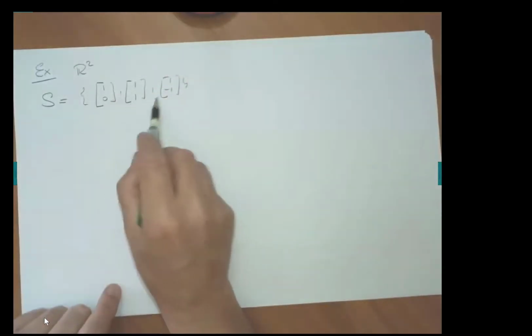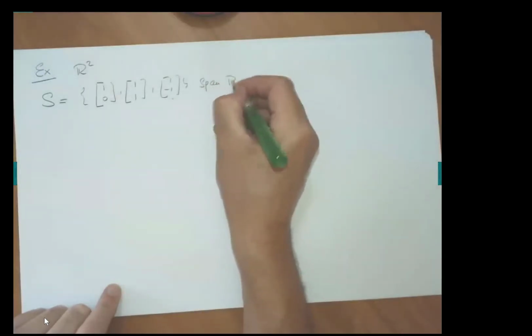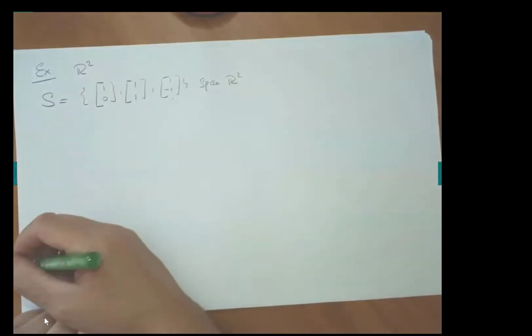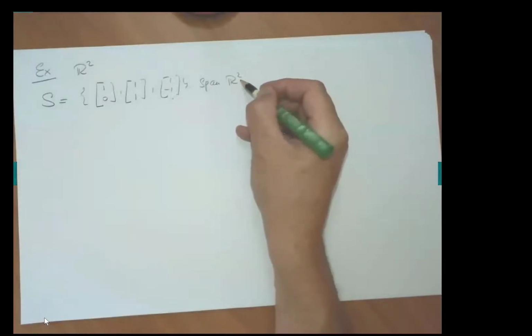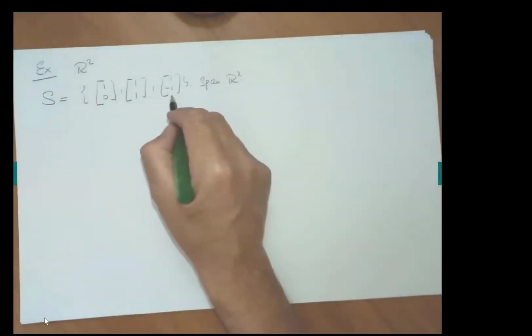So these 3 vectors span R2. Every vector can be written with the help of these 3 vectors. But we know R2 has only dimension 2. So these 3 vectors must be linearly dependent.